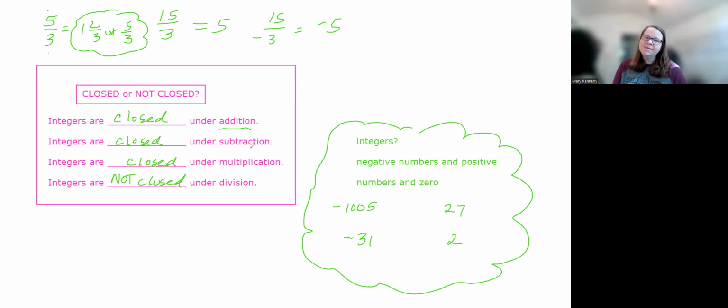But with adding, subtracting and multiplying, if you start with integers, you're going to end with integers, more whole positive or negative numbers. I hope that helps you think through why it works with those but doesn't work with division. You only need one counterexample, in other words, one example where it doesn't work, to prove that it is not closed. I'll see you in the next one.